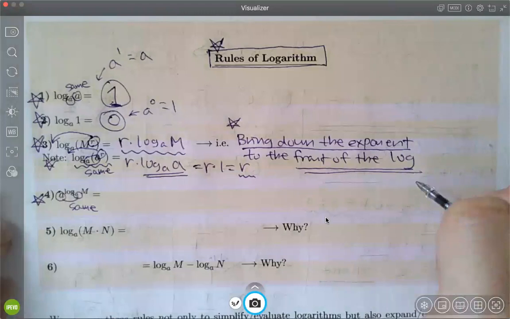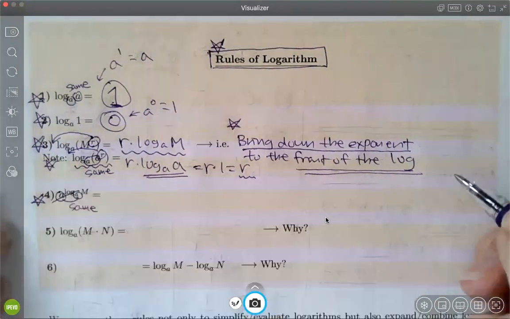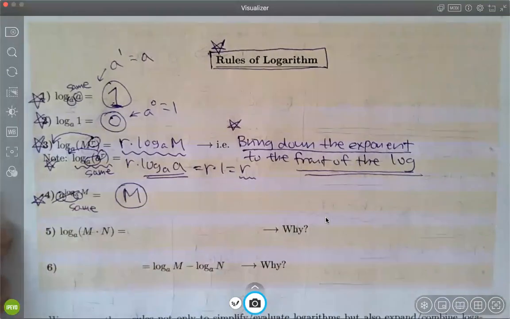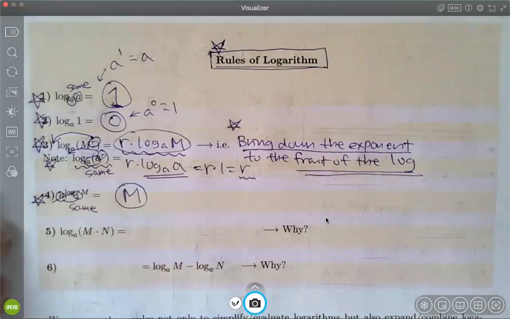In that case, you can cancel A to the power log A entirely, and the answer is just M. Here be careful, it's not A to the power M, it's just M. So A to the power log sub A, they cancel altogether, and it's equal to just M, not A to the power M.